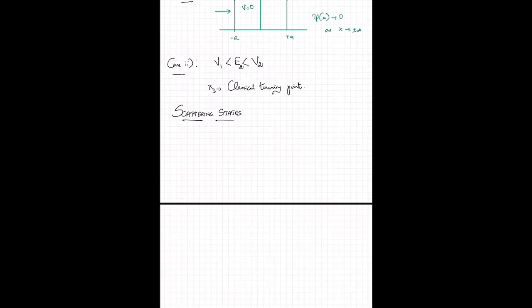Now, we don't have to be disheartened by this observation because we know what to do with states that are not normalizable. We already saw it in the free particle case. If we have a wave function like e to the ikx, which itself is not a physical wave function, we can still create a physical wave function out of it by adding a whole bunch of different states with different k values together.